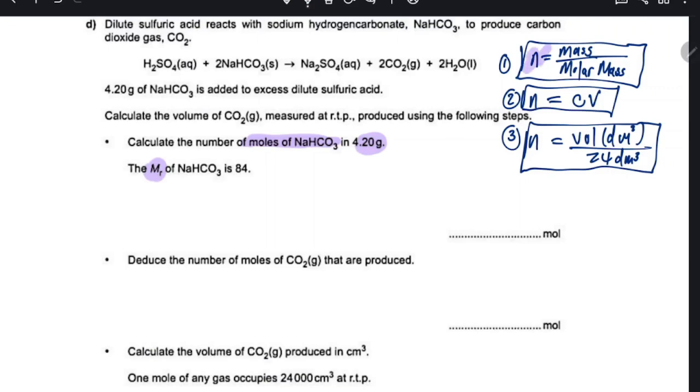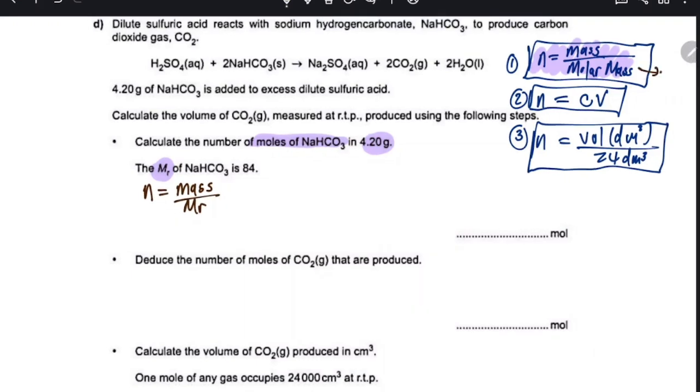So you write number of moles is equal to mass over MR. Remember, I said the molar mass, you write it as MR or AR, depending on the one you have. When do you use MR? You use MR when you have something big like this. Then you use AR when you have something small. Anyway, are we all together?